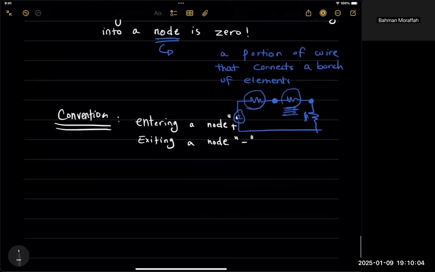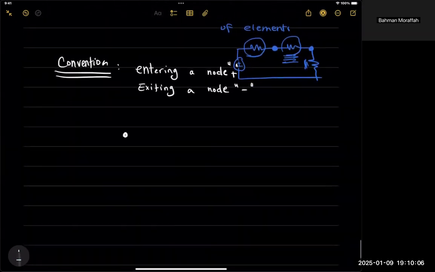With this convention, let's say this is one node that I have. This is going in, this is going in, this is going out, this is going out, this is going in. Let's call these I1, I2, I4, I3, and I5. All the currents going in are positive, and all the currents going out, according to our convention, are negative.